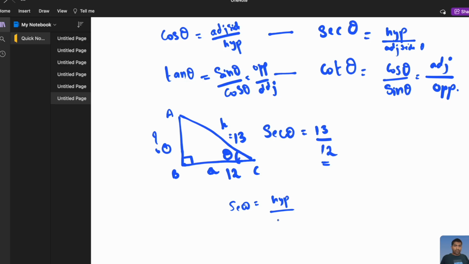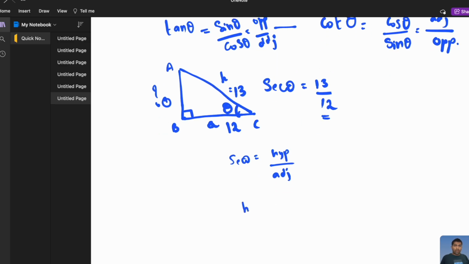We know that hypotenuse square is equal to the sum of squares of the other two sides of the triangle. So hypotenuse square, he has given 13. 13 square is equal to AB square, which we don't know, plus BC square, which is 12 square.